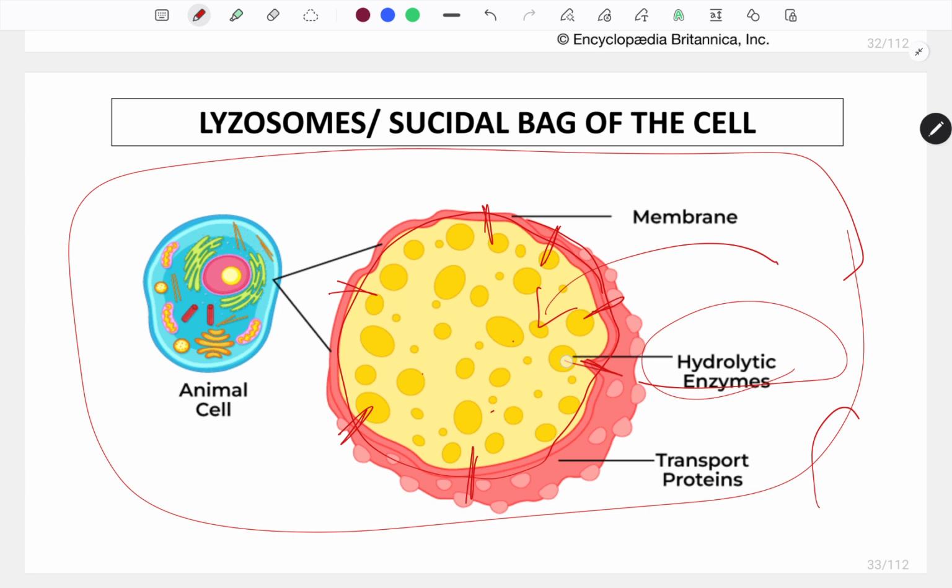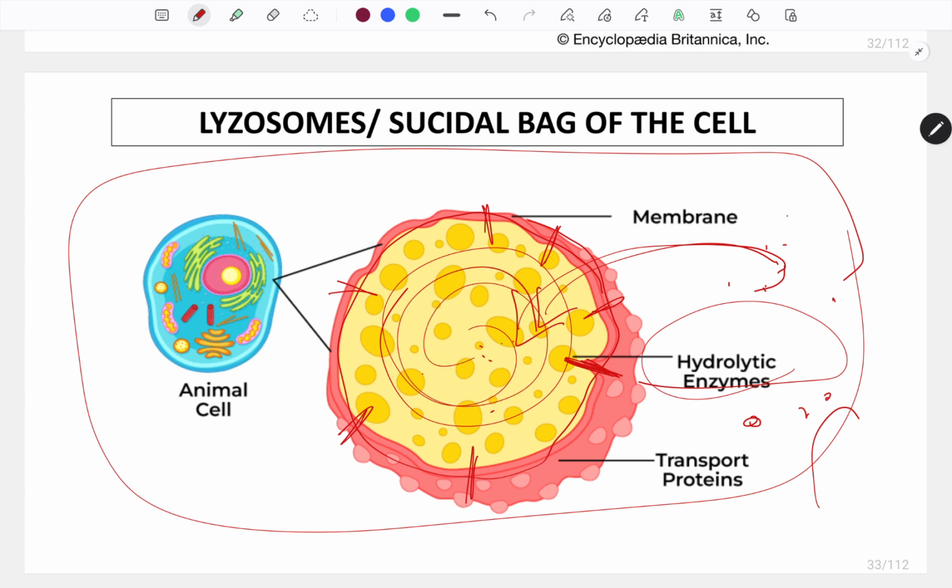These transporters will carry foreign material or any substance which needs to be degraded inside this organelle, where it will be degraded.